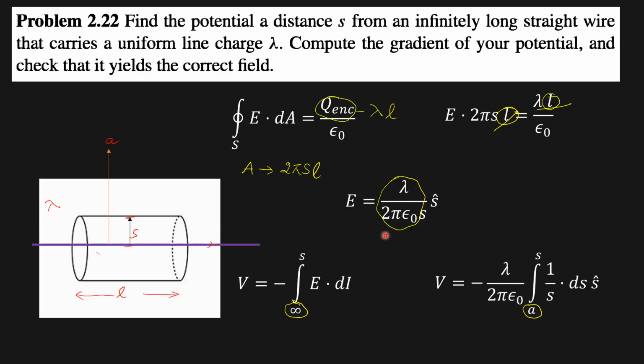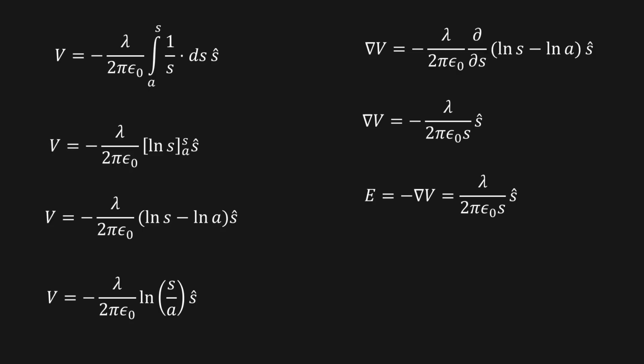Now we will solve this integral. Now we got the potential as minus lambda over 2 pi epsilon naught times the integral between a and s of 1 over s ds. If we integrate 1 over s, you will get natural logarithm of s, and of course you have to apply the limits. Upper limit is s, lower limit is a.